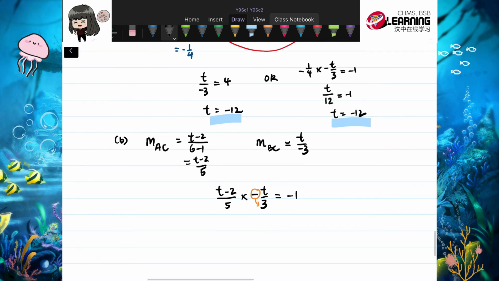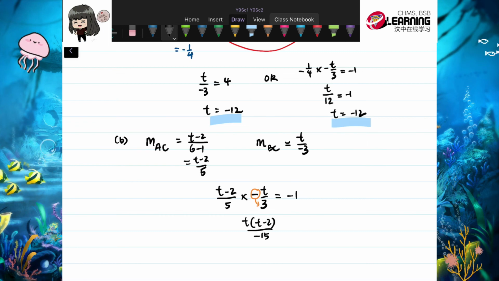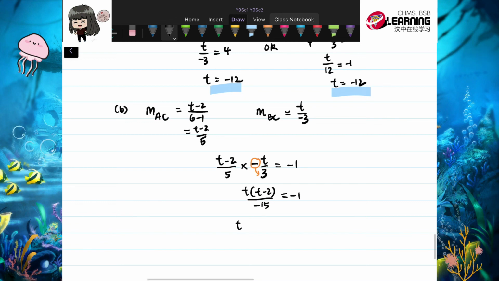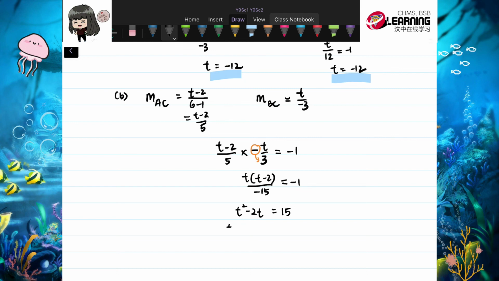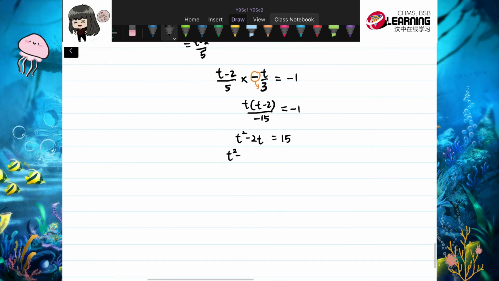So I bring it down. When I times t with t minus 2, it becomes over negative 15, 5 times negative 3. After that, t squared minus 2t, I bring over the negative 15 to the other side, so it's 15. So this one is t squared minus 2t minus 15 equals 0.